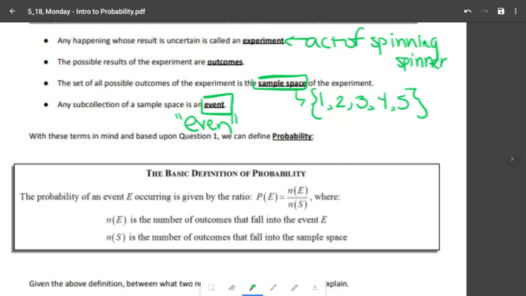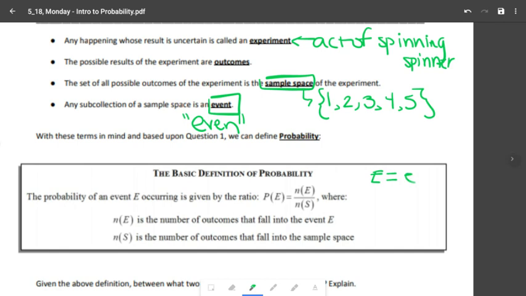It says the probability of an event E occurring is given by the ratio P of E, meaning the probability of event E, is equal to N of E divided by N of S. So N of E is the number of outcomes that fall into the event E. For example, if E was my evens, A from above, N of E would be 2 because there were 2 outcomes that fall into that event of being even.